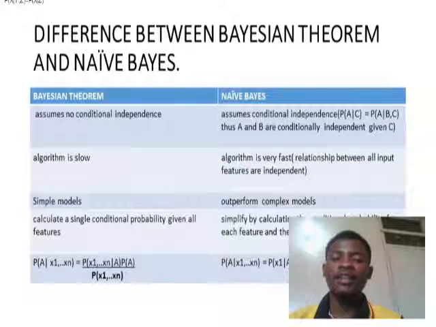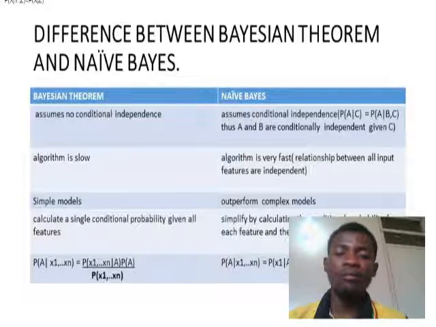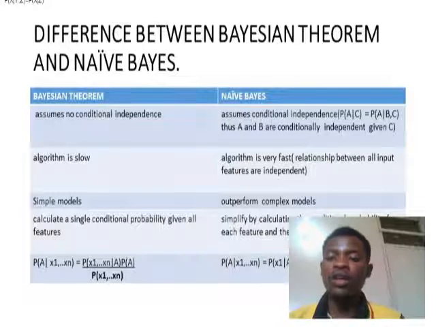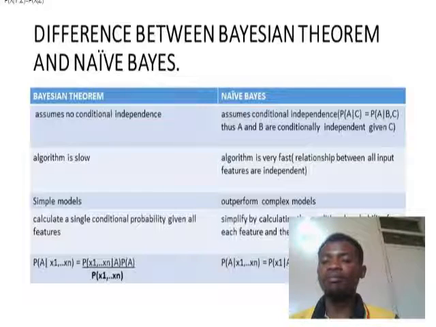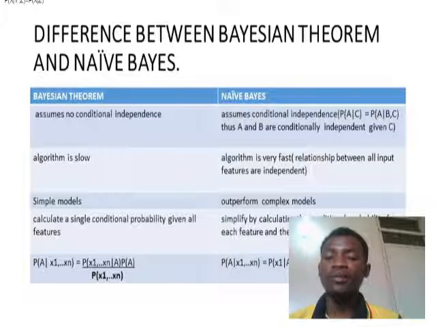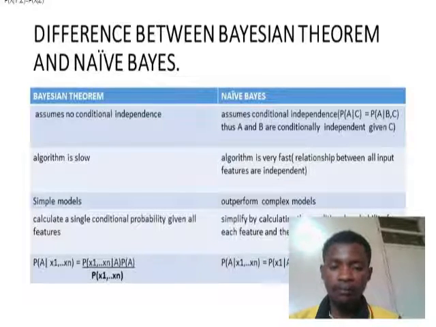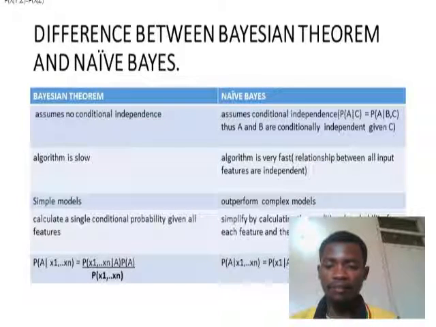Such as we can find the probability of A given C, or probability of A given B and C. Bayesian theorem is kind of slow, whereas naive Bayes is much faster.